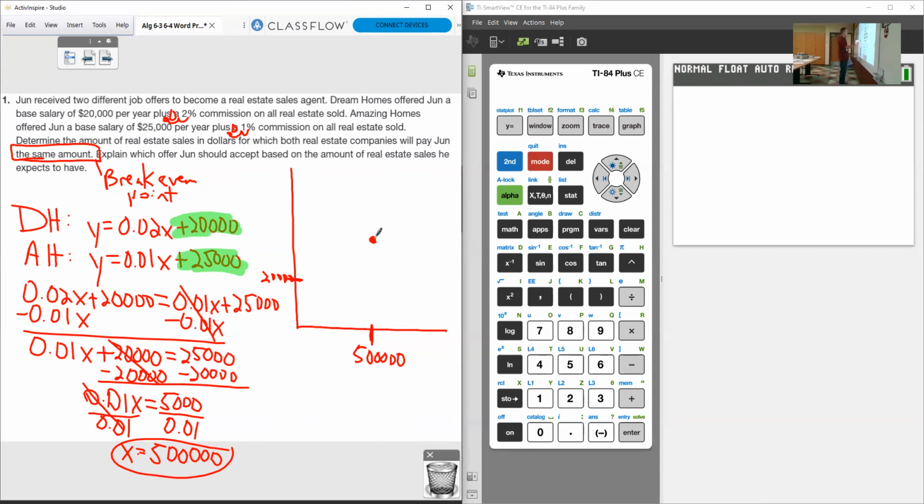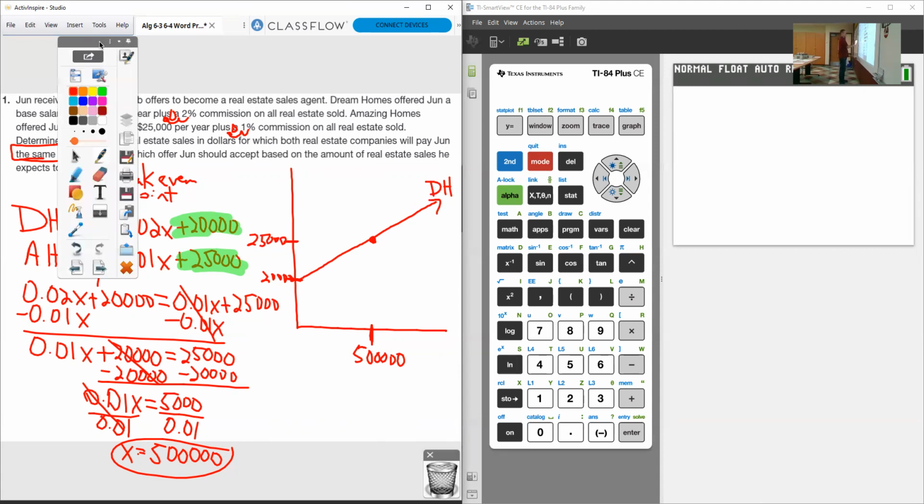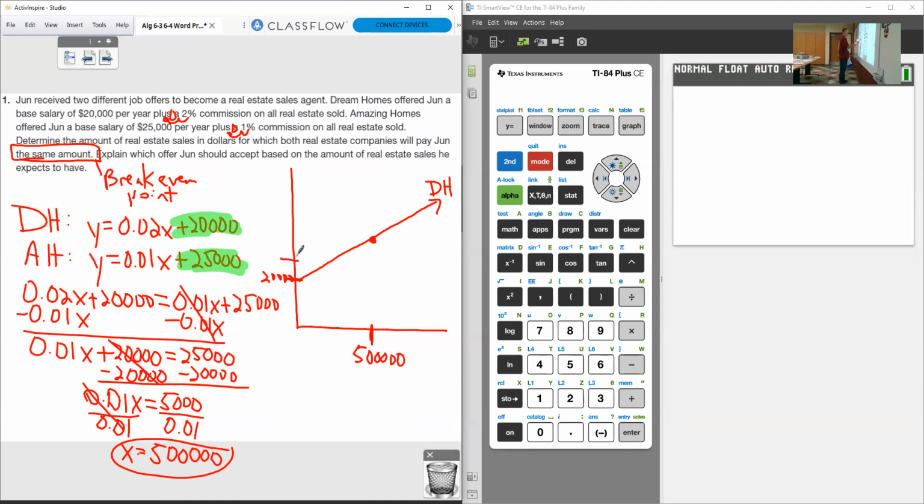So we know that for Dream Homes, it has to go up through it. This is Dream Homes. And Amazing Homes is at 25,000, so that has to go through there. And this is Amazing Homes.